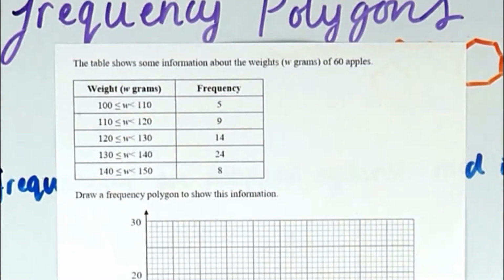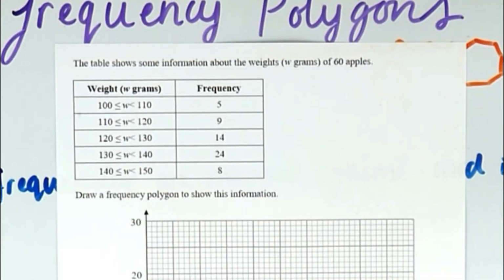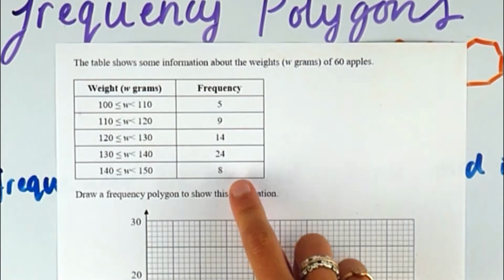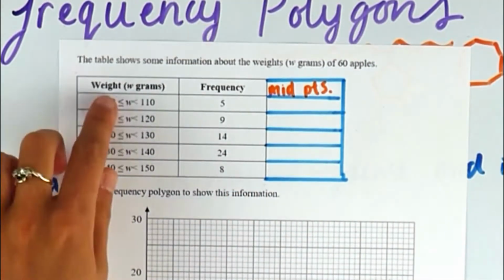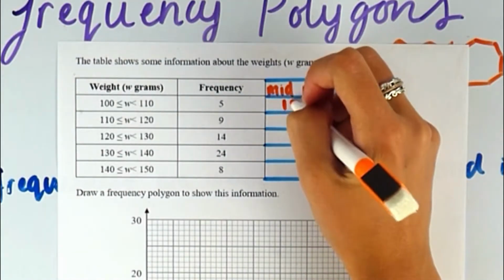Because you've got a window here, 100 to 110 grams, you take the midpoint. So I'm going to draw an extra column onto this table with the midpoints. The midpoint of the weight between 100 and 110, the halfway point, would be 105.